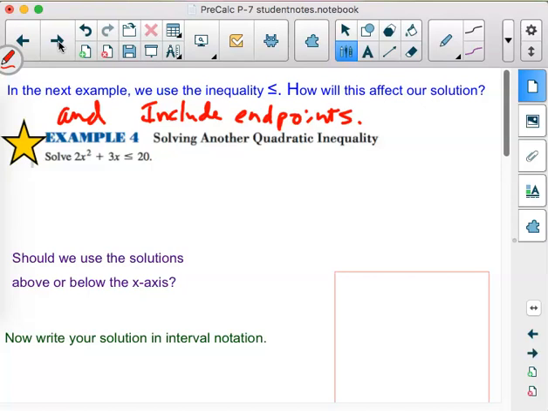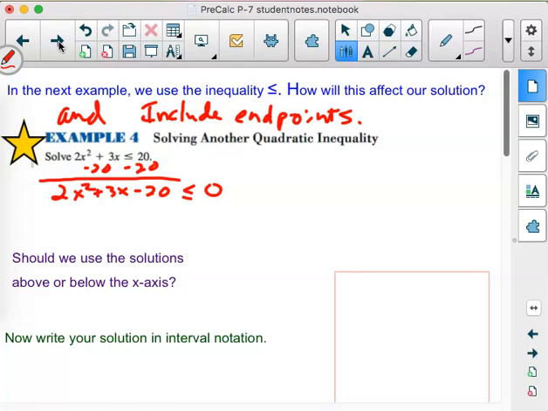So this one says solving another quadratic inequality. Oh man, doesn't have a 0 on one side. We know how to do that. Well, then let's move it over. It's fair game. In algebra we learned one of the properties: we can subtract the same amount from both sides and we'll be fine.